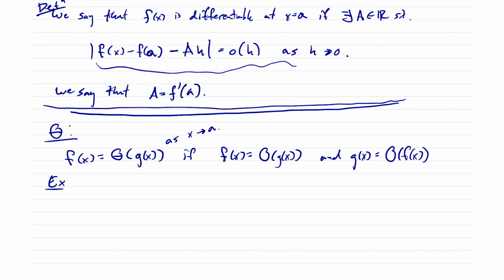So let's go ahead and just give a quick example. Let's consider these functions, say f of x equals x plus 2 over x minus 1, and we'll take a look at g of x, which is say 5x over 2x minus 1.